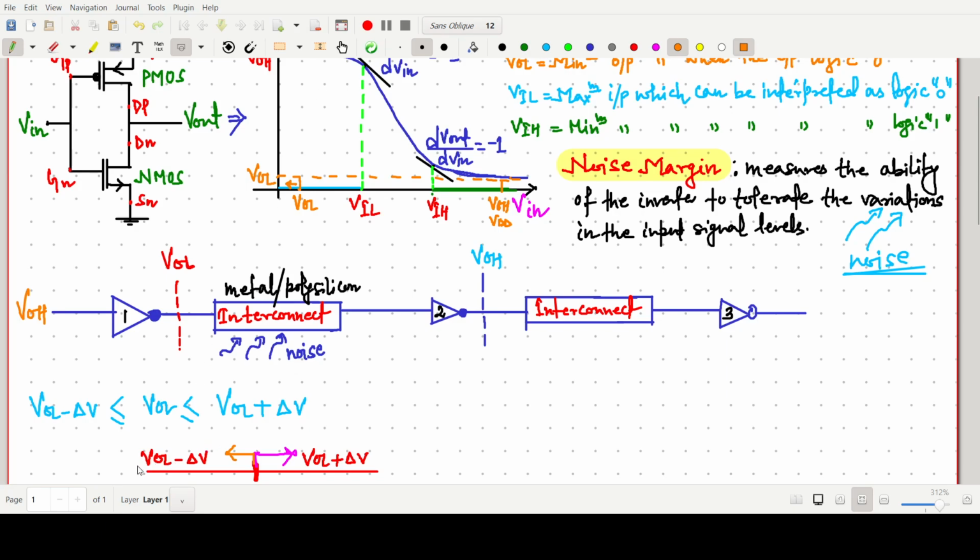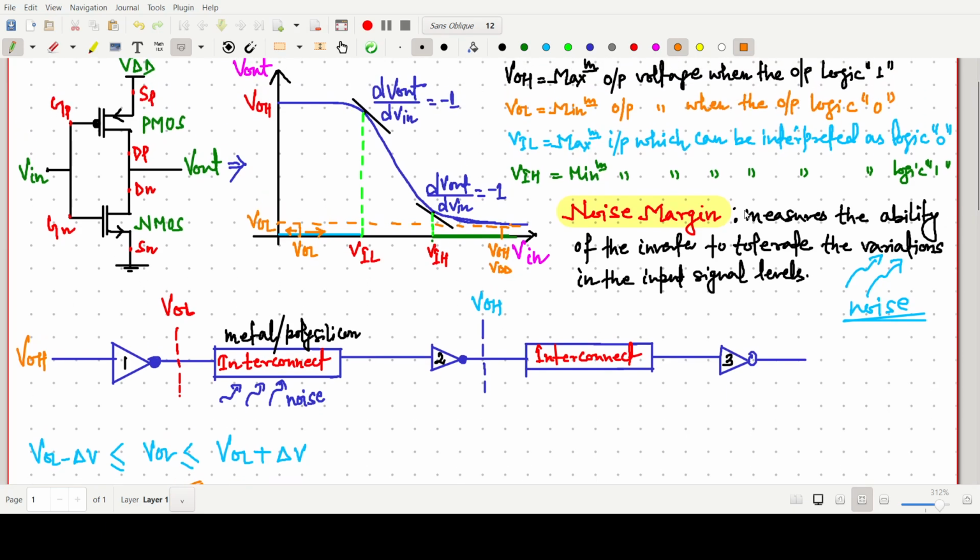So there will be no effect of the noise when VOL minus del V applies. But if we go beyond this side, up to how much voltage will it still give the high value VOH? We need VOH.